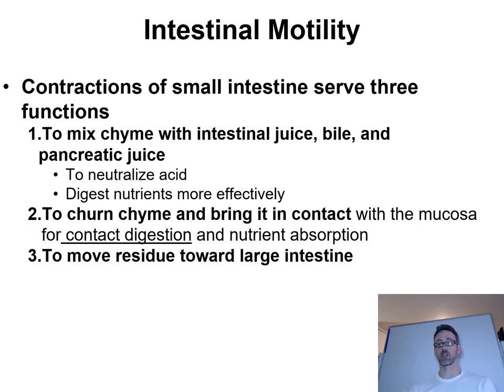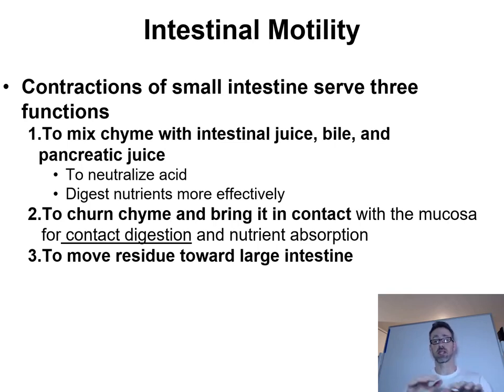We also want to kind of churn up the chyme and bring it into contact with the mucosal surface. And the reason is because not only for increasing our ability to absorb effectively, but also for chemical digestion, because on the surface of these cells are enzymes, and those enzymes, they're fixed on those cells.